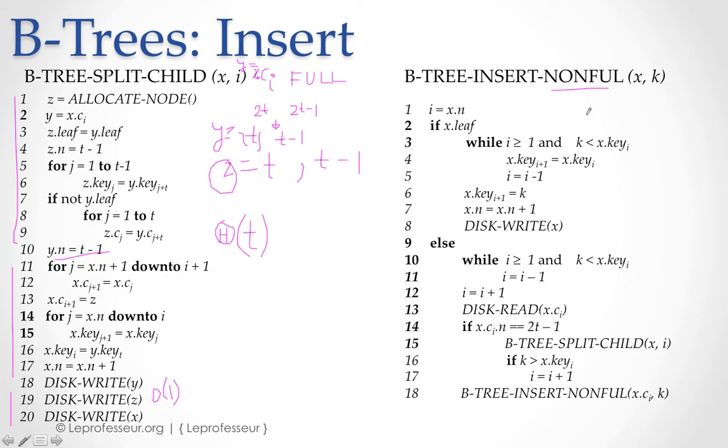Line number 3 is simple: we check whether that node is a leaf node or not. If it is a leaf node, then we execute this procedure. If it is not a leaf node, then we execute a slightly different procedure. If it is a leaf node, we just directly insert. We don't have to do much. We insert the key at the appropriate position.